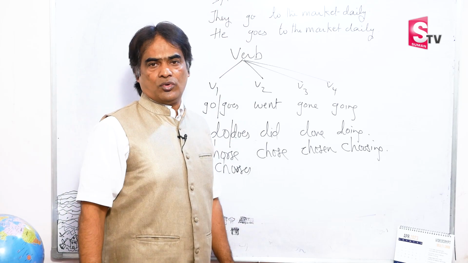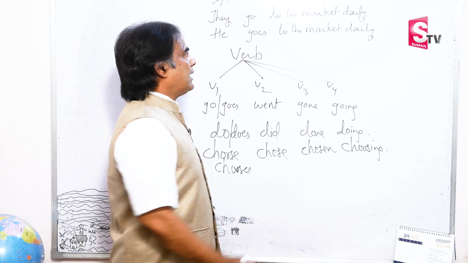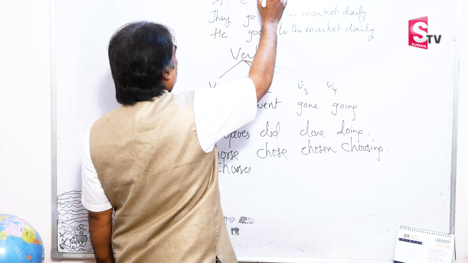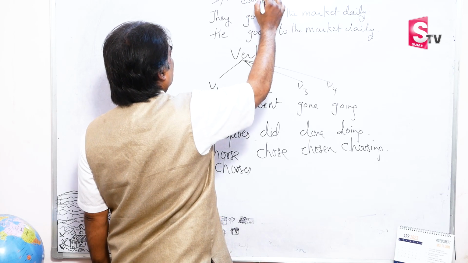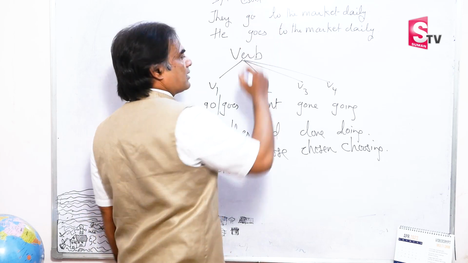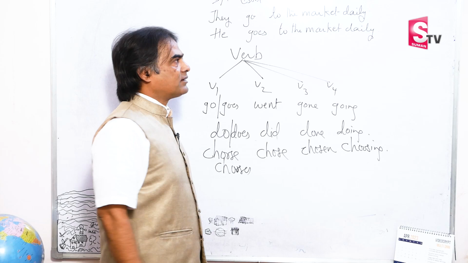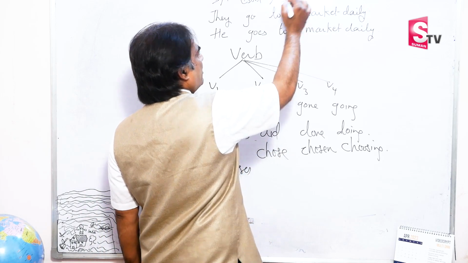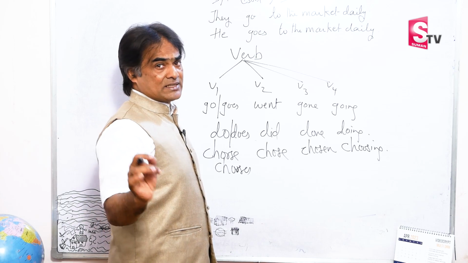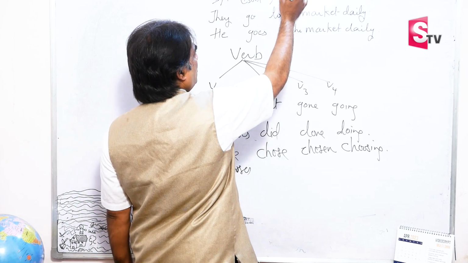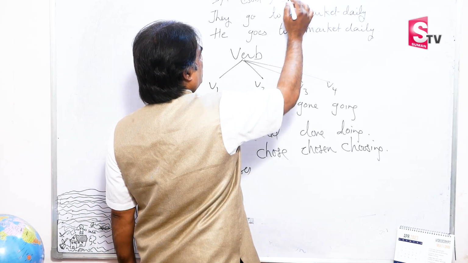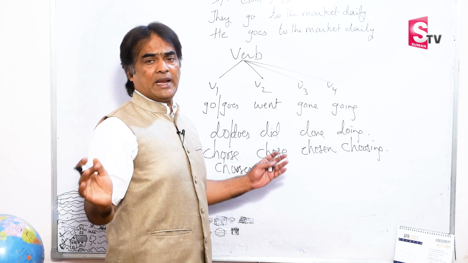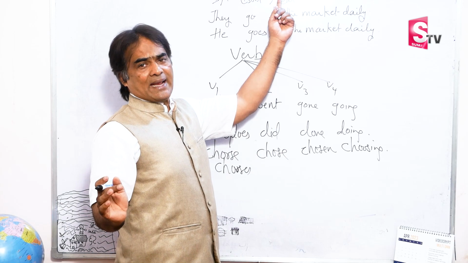I and you, though they are singular, they are treated as plural subjects. That's why we have verb without s. Either it's go, it's do, it's eat, any verb, any V1 verb. We don't add s here.